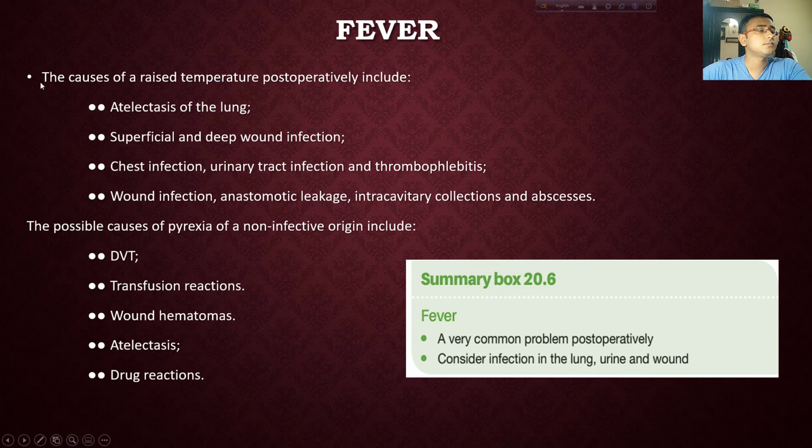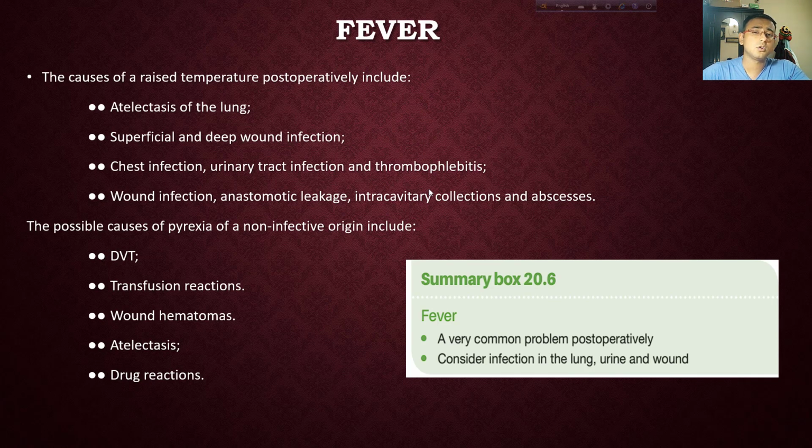Here you can see the causes of raised temperature postoperatively: atelectasis of the lung, that is increased lung congestion, superficial or deep wound infection, chest infections, UTI, anastomotic leakage, intracavitary collection or abscess, like abdominal abscesses, subphrenic abscesses and pelvic abscess.